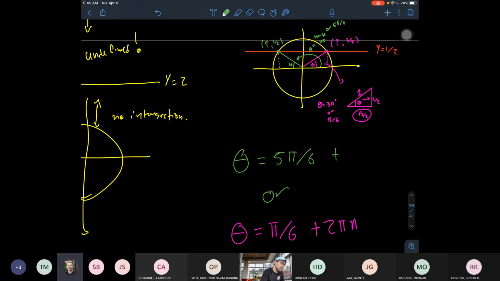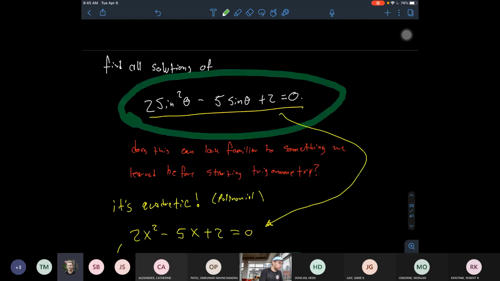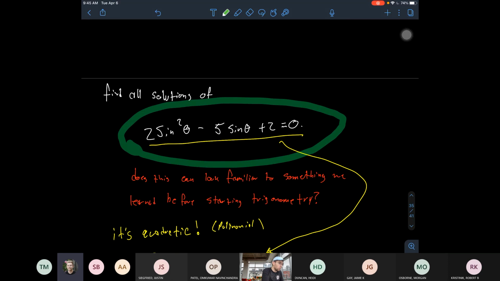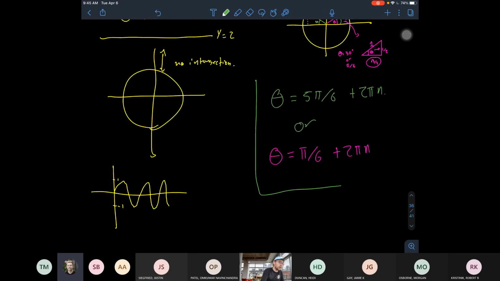The value of the sine function will be the same due to the 2 pi periodicity of the sine function. And we were asked to find all solutions of this equation with no conditions on theta. So since we have no conditions on theta, we should really express all possible solutions. And we would say n is an integer.